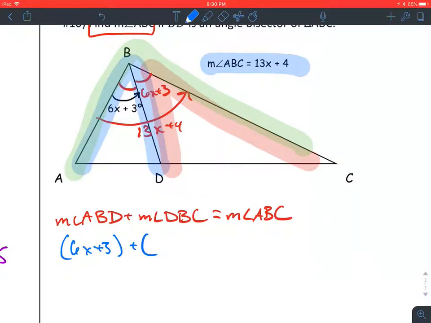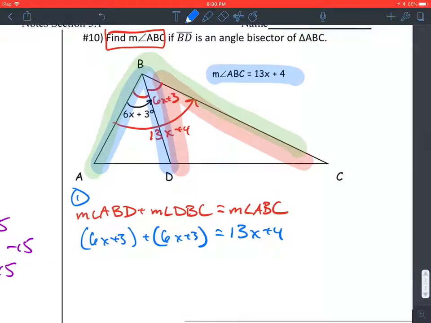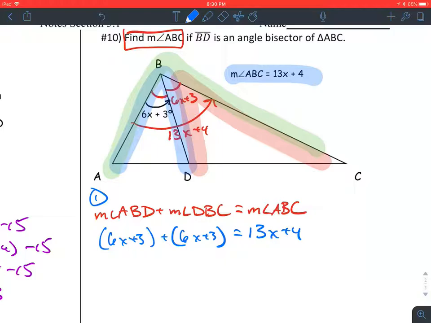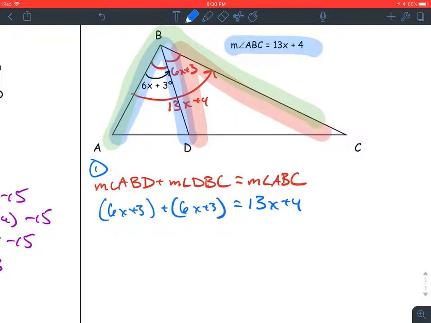Measure of angle DBC is also 6x plus 3, because that angle is being bisected. Measure of angle ABC, we were told, is 13x plus 4. So even though the question's asking us for the measure of angle ABC, we first got to figure out what x is. Combine like terms, 6x and 6x is 12x, plus 3 and a plus 3 is a plus 6.